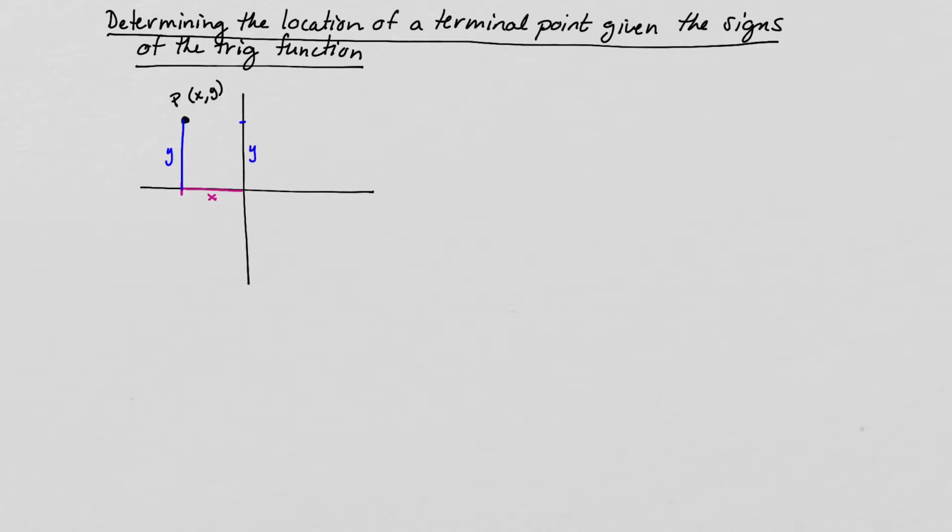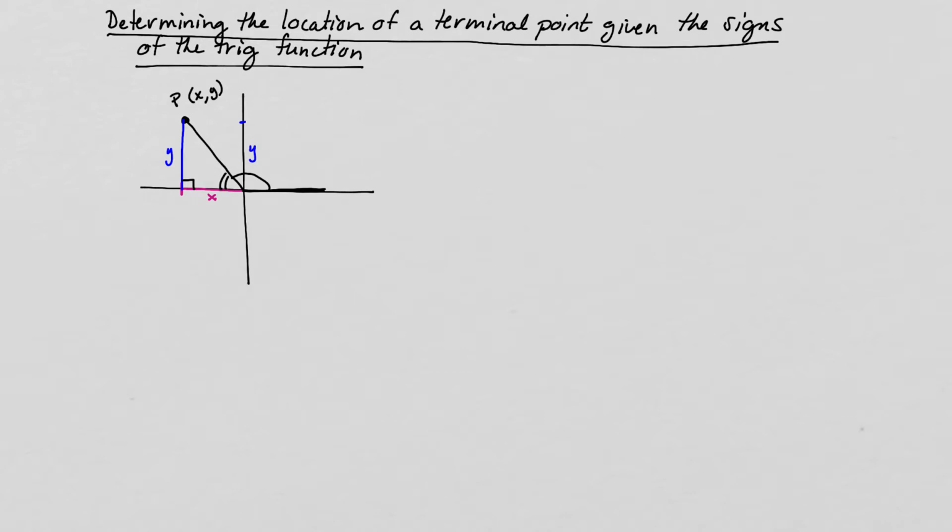So if that point was actually where an angle ended, let's say that here was my angle. We've talked about reference triangles, so here's that reference angle. And the idea is that I could rewrite all of my 6 trig functions in terms of x and y.